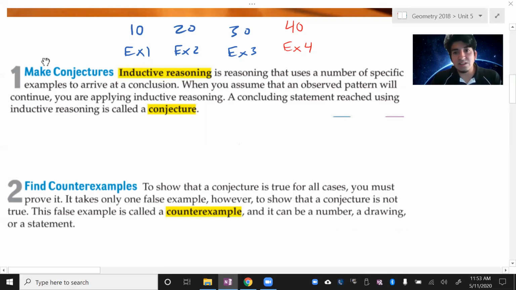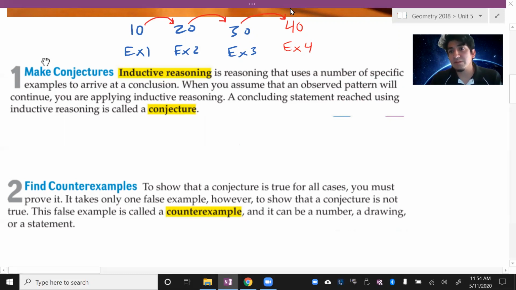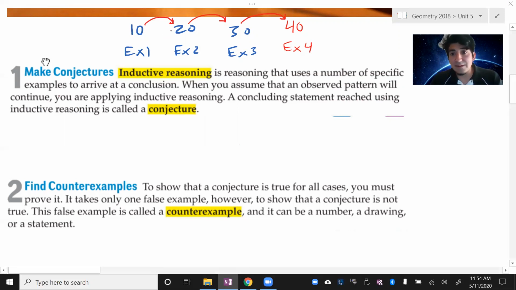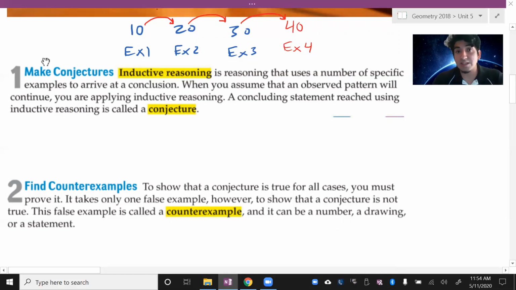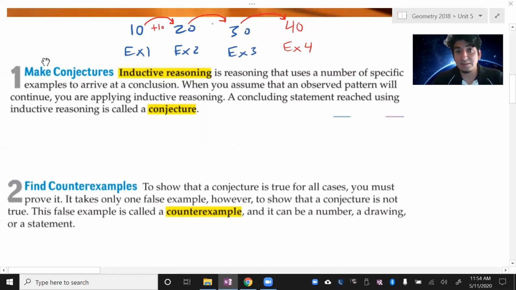The concluding statement reached using inductive reasoning is called a conjecture. If you were to give me a statement based on these patterns, you have to come up with a sentence proving this. So what's happening every single time? Are we multiplying? Are we adding? Are we dividing, whatever it is? Those are the kinds of questions you have to come up with in your head. We're adding 10, plus 10, plus 10.